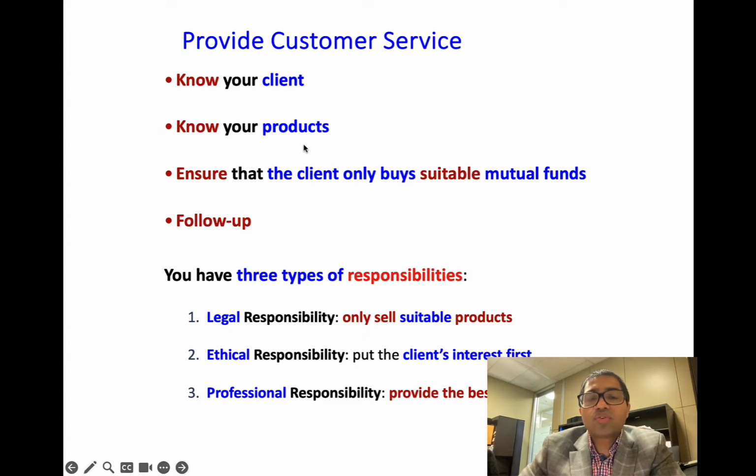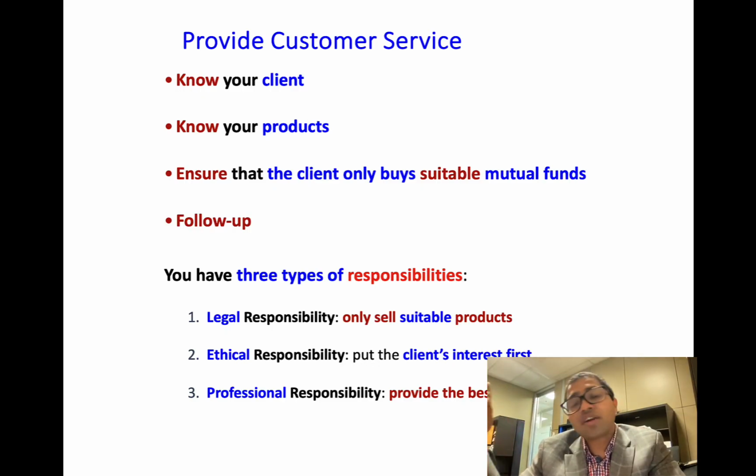Then you need to know your products, because there are easier mutual funds to understand. For example, a stock market fund is quite easy to understand, but then there are complex funds too, like an international equity fund, or an international junk bond fund. So you need to know your products really well in order to advise, and you need to ensure that the client only buys a suitable mutual fund.